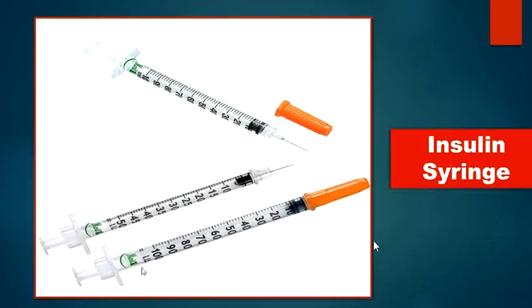Heparin, Luminal or phenobarbital, digoxin, gentamicin, epinephrine. All these small doses are calculated in units. And in neonates, when we want to give, for example, steroids, all are calculated in units, for small doses of medication given by syringe of insulin.